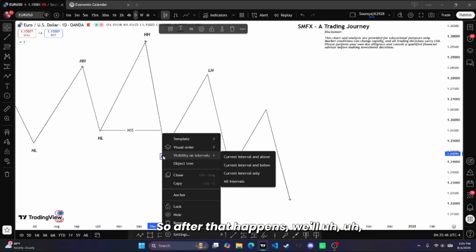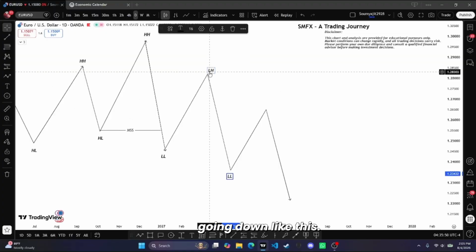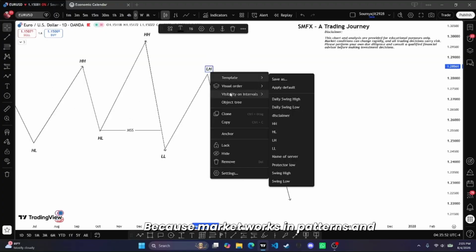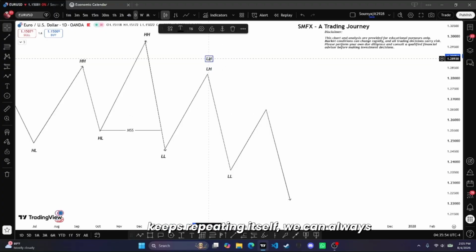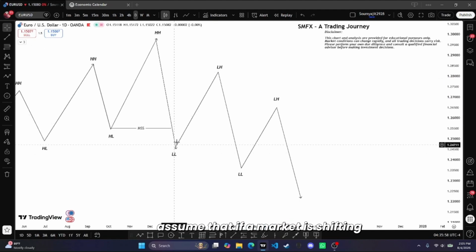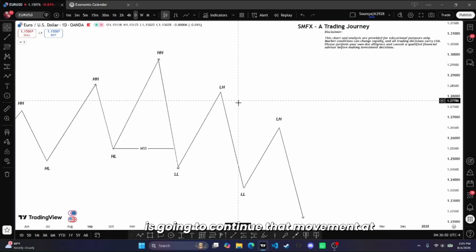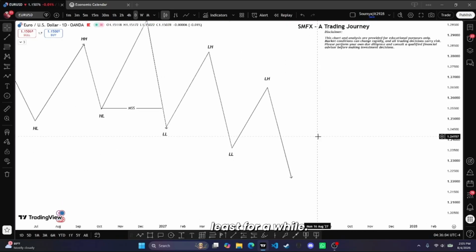So after that happens, we'll assume that the market will continue going down like this. Because market works in patterns and keeps repeating itself, we can always assume that if a market is shifting towards the downside or upside, then it is going to continue that movement at least for a while.